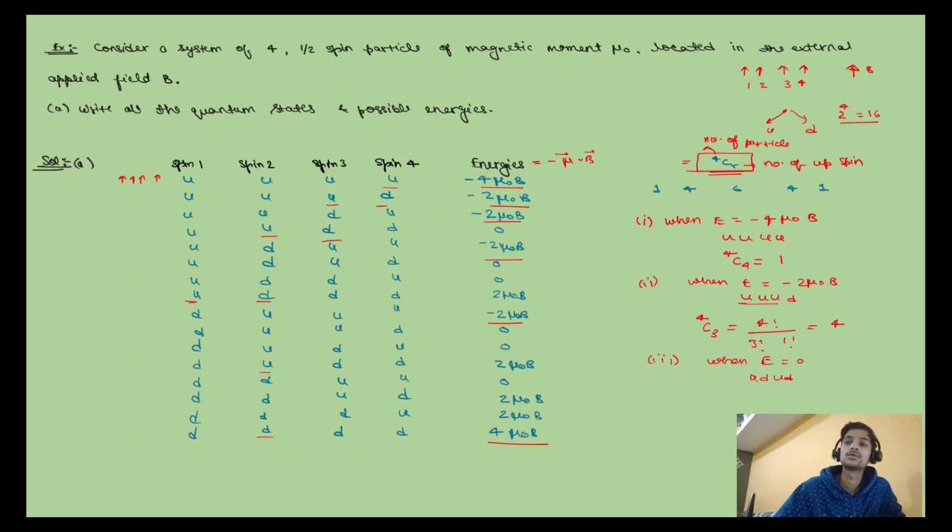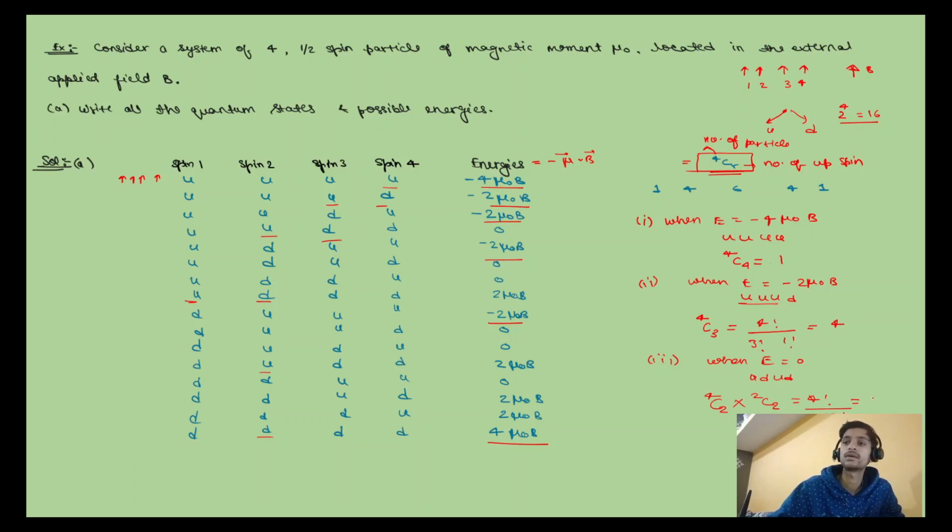So how can you arrange four particles? You have to arrange 4 particles, out of which 2 are of the same kind, and the remaining two are of the same kind. So that will be equal to 4 factorial over 2 factorial times 2 factorial, right?